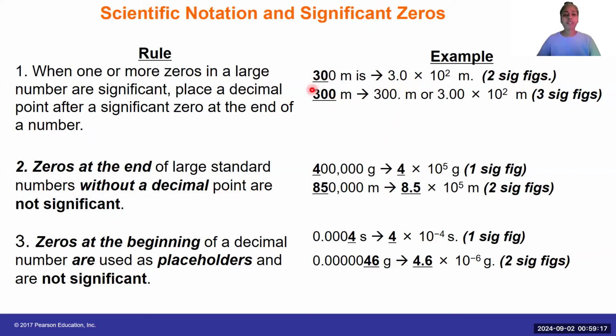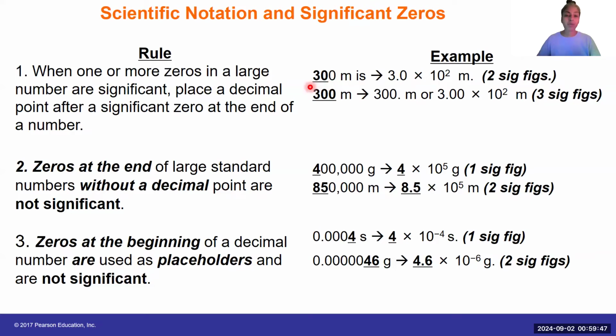What if I have this number 300 and I wanted to represent all of these zeros as significant? I could write a decimal place at the end of the 300, right? Or I could write it in scientific notation and keep both of those zeros on the end. Notice that there's no way for me to indicate that this first zero is significant by adding a decimal place.